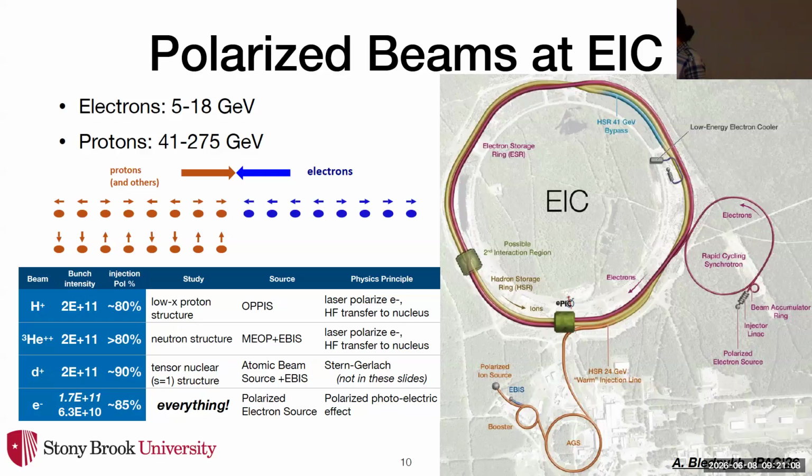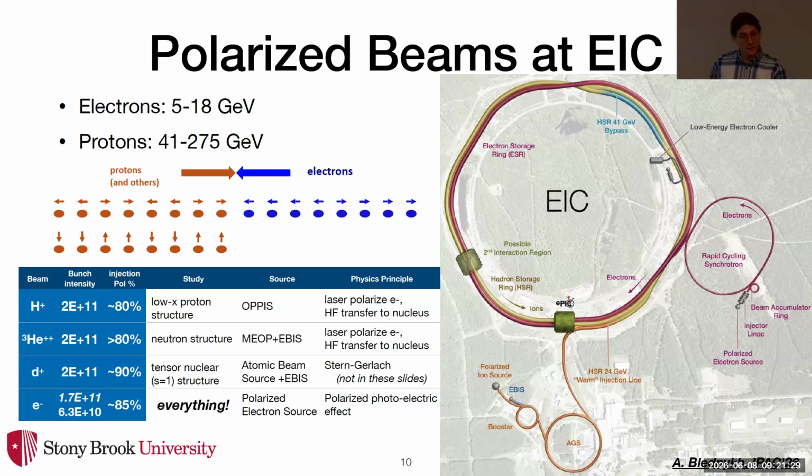That gives us access to the neutron structure. And the trick is the same. We polarize an electron and find a way to get that polarization into that neutron. Deuteron, a little trickier. I'm actually not going to talk about the deuteron, but we have an atomic beam source, and then we use basically a Stern-Gerlach experiment.